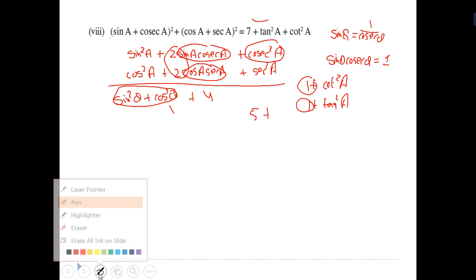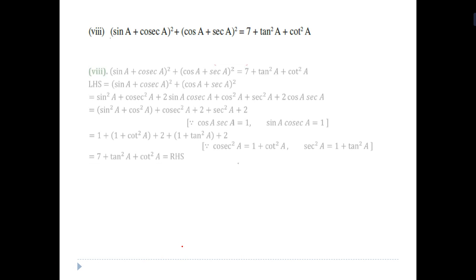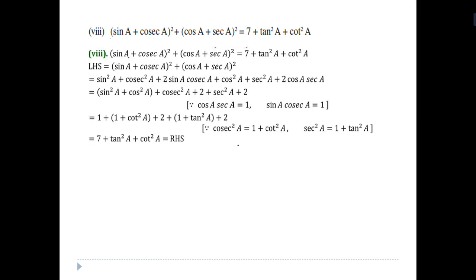Let me check that by board rules. (Sin A plus cosec A) whole squared. So sin square A plus cos square A plus 2 sin A cosec A, plus cos square A plus sec square A plus 2 cosec A sec A. Now sin square theta plus cos square theta gives 1, cosec square and sec square as they are, and here we get 1, again here we get 1, as already described.